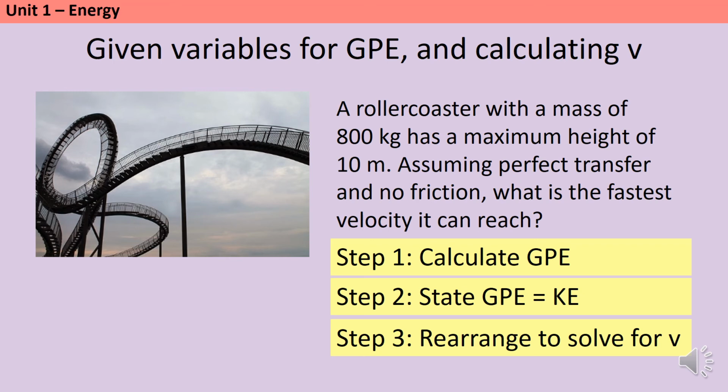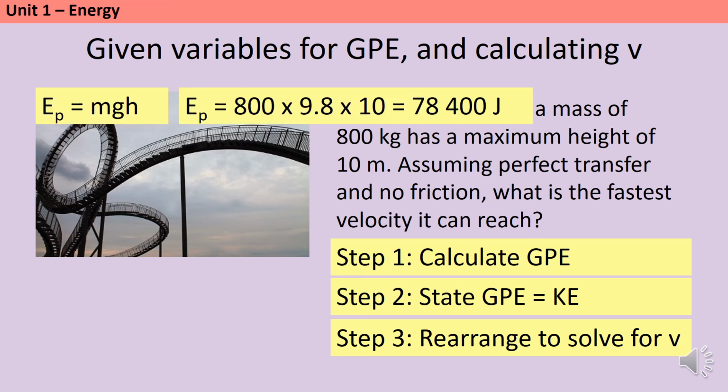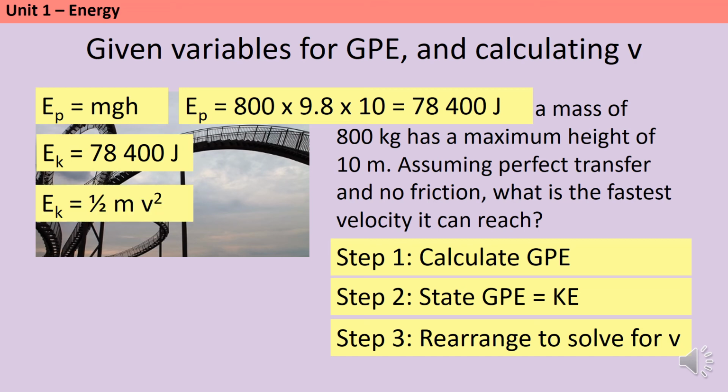So we need to start out calculating GPE. That's mass times gravitational field strength times height. So 800 times 9.8, because that's the strength of gravity on Earth, times by 10 gives me 78,400 joules of gravitational potential energy. Therefore, the most kinetic energy that the roller coaster can have is that same amount. Kinetic energy is half mv squared.